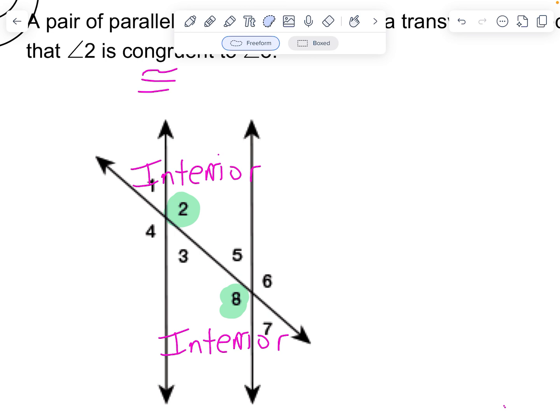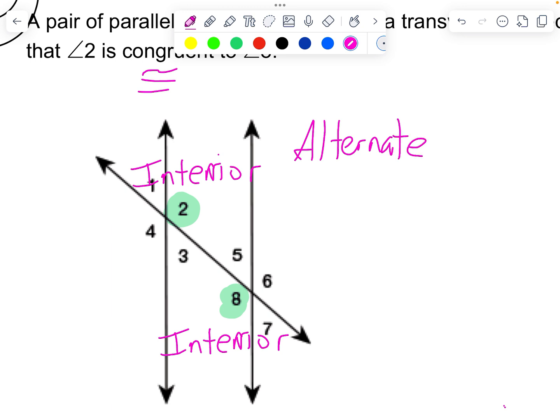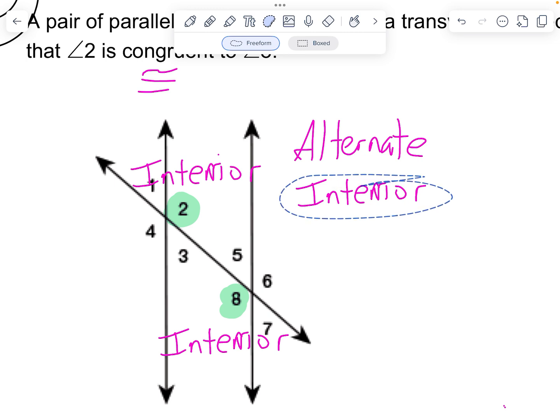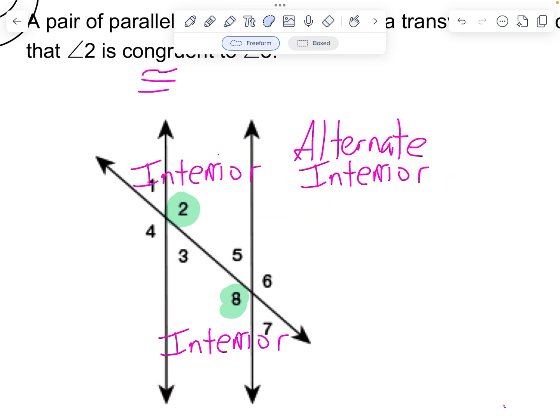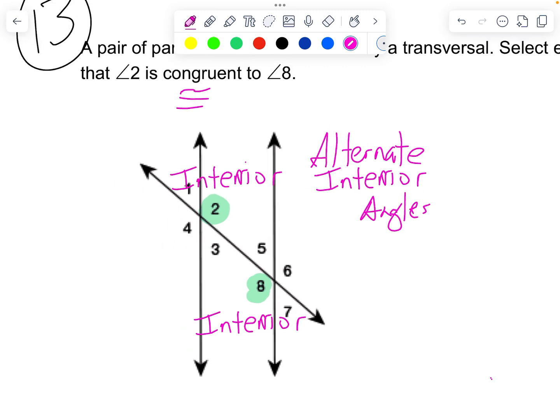They're alternates to each other. So these are alternate interior angles, and they are equal. Alternate interior angles are always equal to each other.